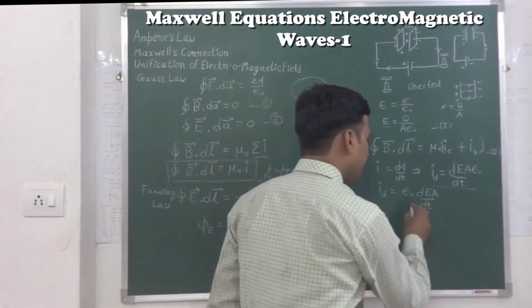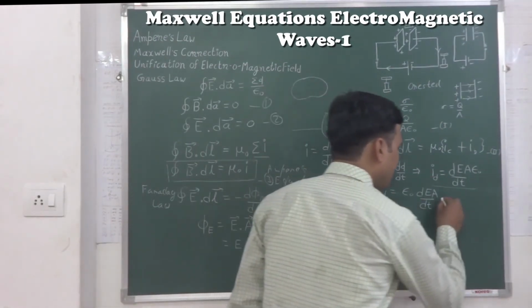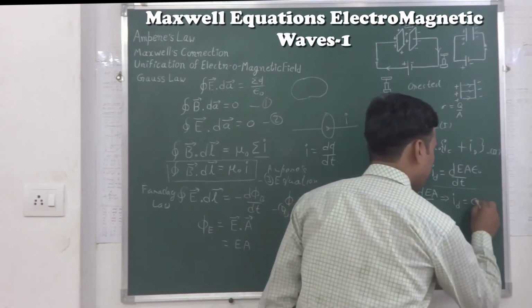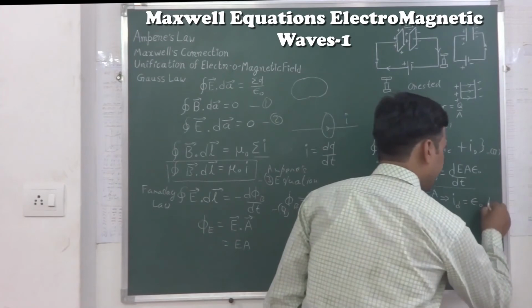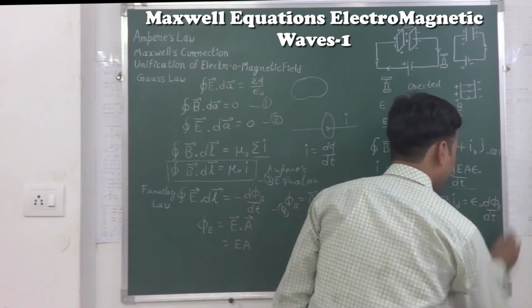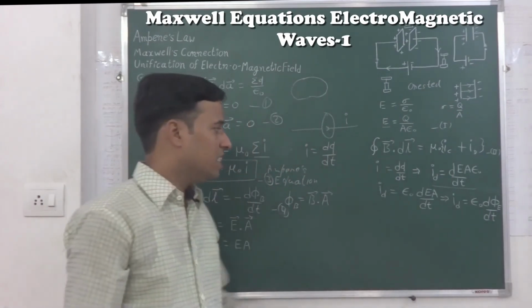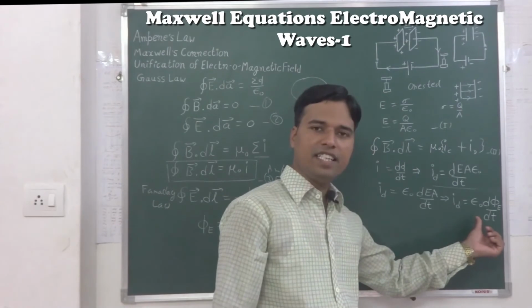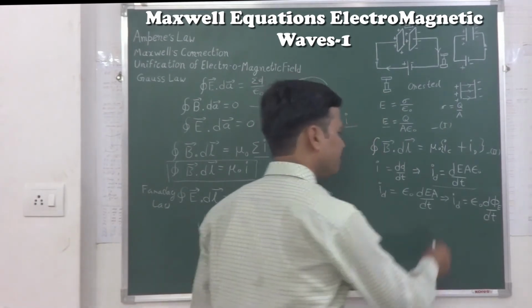Now dear students, this equation ID can be written as epsilon naught d phi E upon dt. This is the important term which is showing the displacement current.